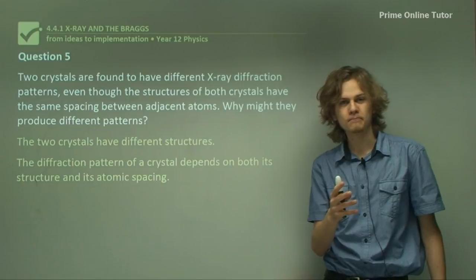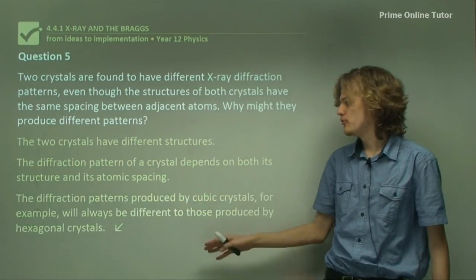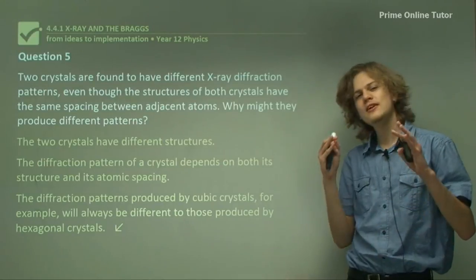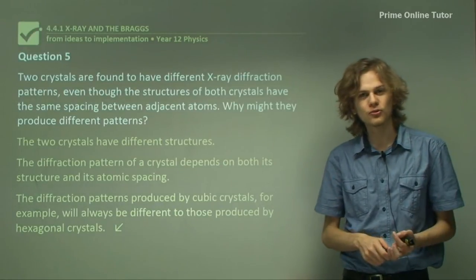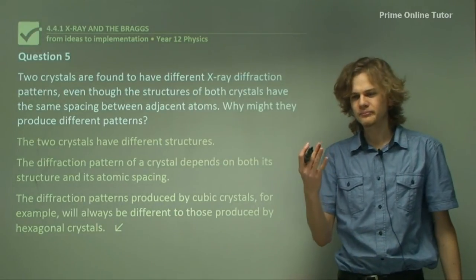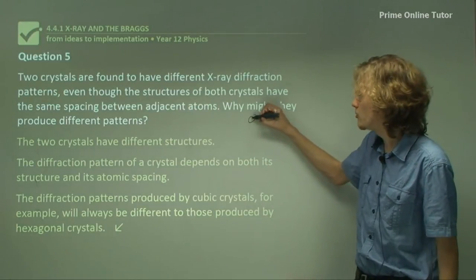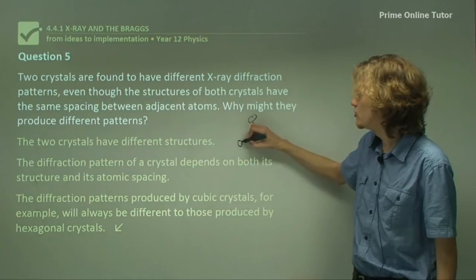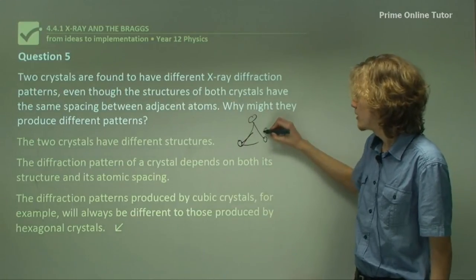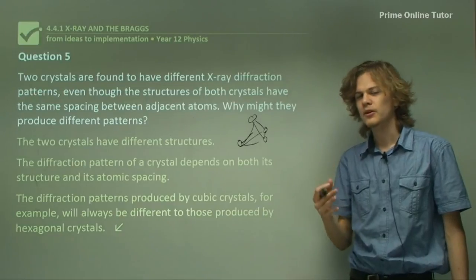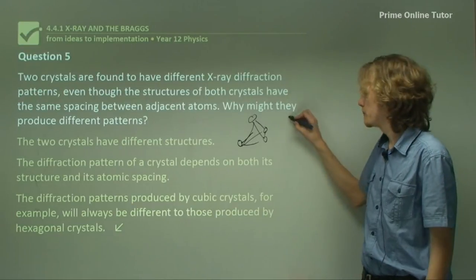So the diffraction pattern of a crystal depends on both its structure and its atomic spacing. As an example, the diffraction patterns produced by cubic crystals will always be different to those produced by hexagonal crystals. So if we have a crystal with a unit cell, for example, looking like a pyramid, a tetrahedron or something, then it will always produce a different diffraction pattern to a crystal shaped like a cube.